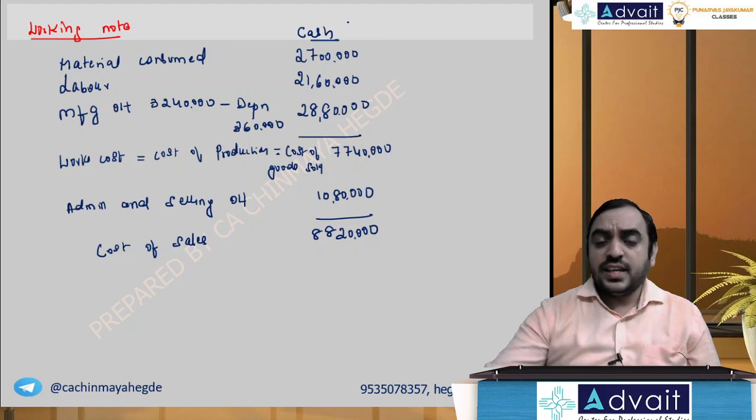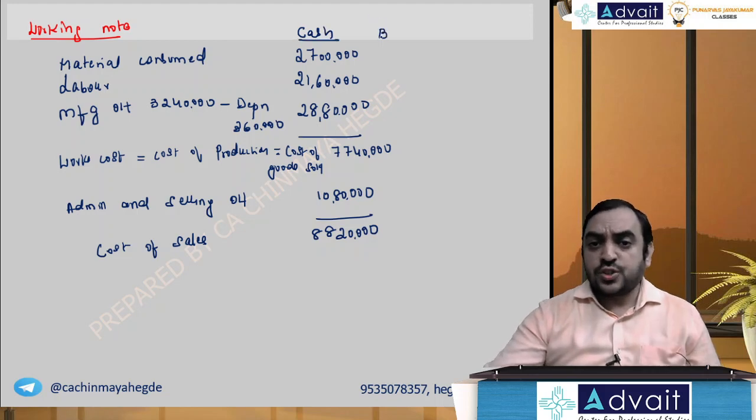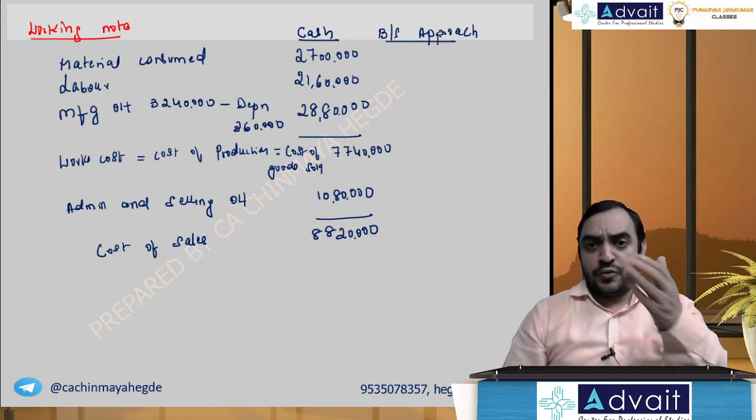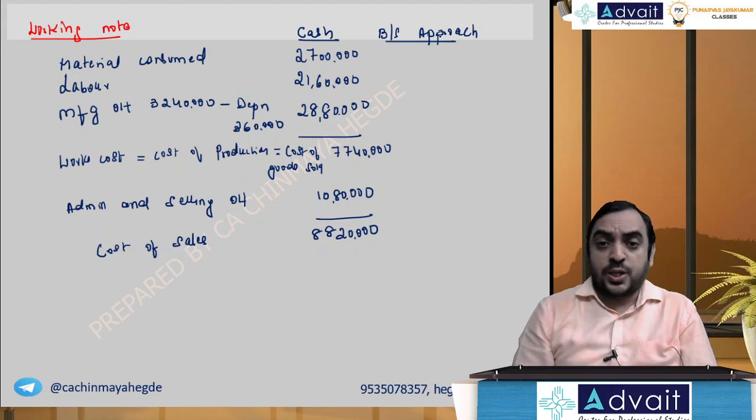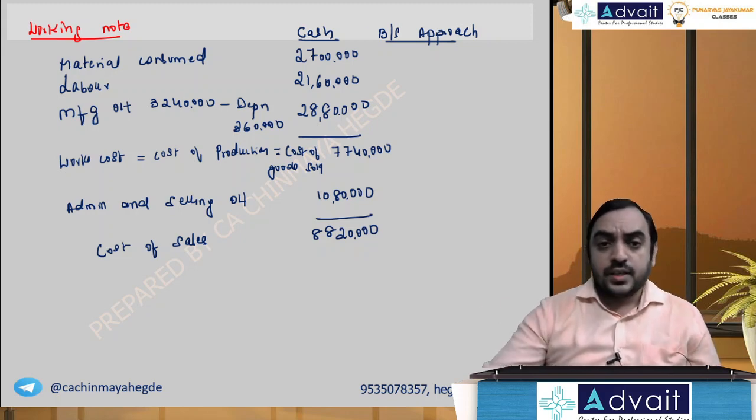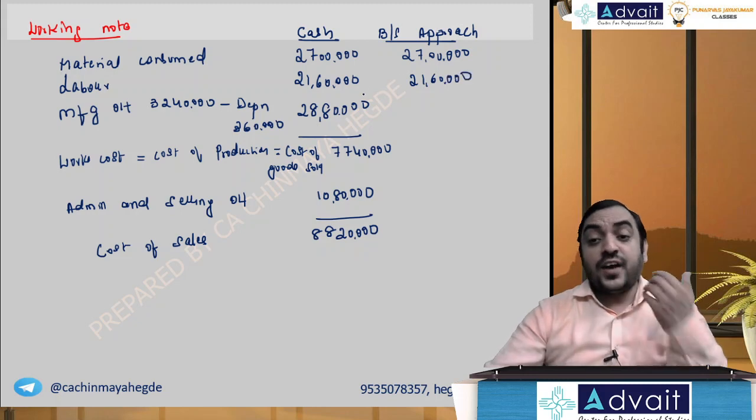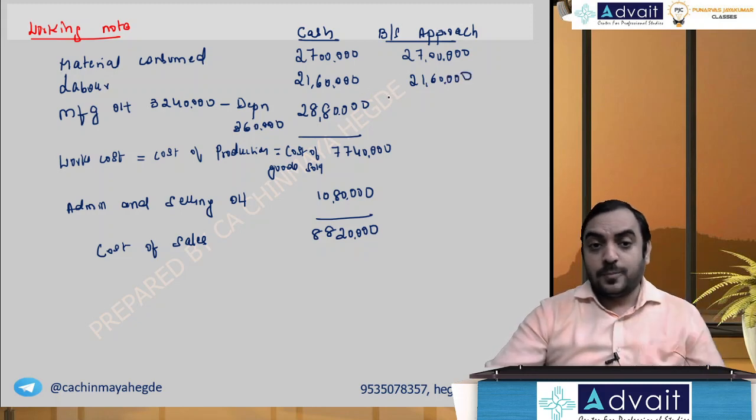I'll just do one thing. I will also prepare balance sheet approach or total approach just for reference purpose, only for discussion purpose. If they ask you balance sheet approach, what you would have done? Material consumed would have taken 27 lakh only. Labor you would have taken 21 lakh 60,000 only. But manufacturing overhead you would have taken full 32 lakh 40,000.